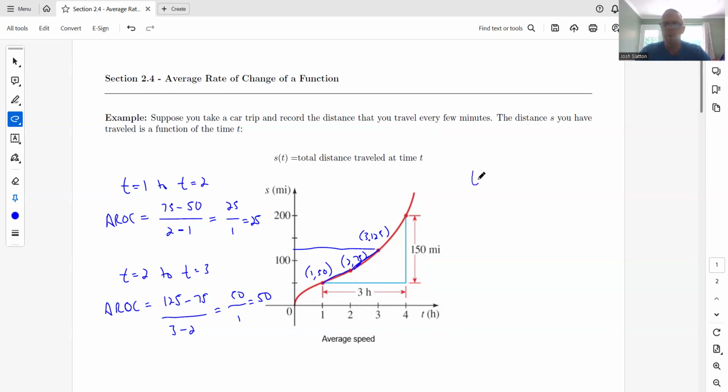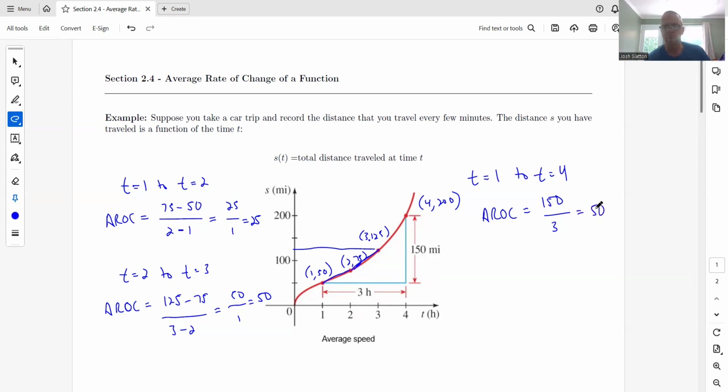So if we did from t equals 1 to t equals 4, then we'll just say 4 and 200, and the difference would be 150. So the average rate of change would be 200 minus 50 over 4 minus 1, which is 3. And so that gives us 50.